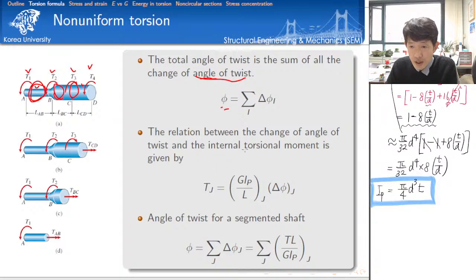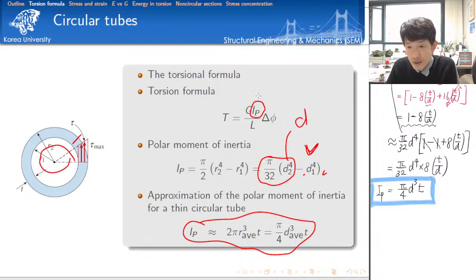Clear? And then because we can use the torsional formula, once we define the angle of twist of a segment as delta phi, then we can obtain the internal torsional moment from this equation. This is the standard formula here. Look at this, the torsional formula.